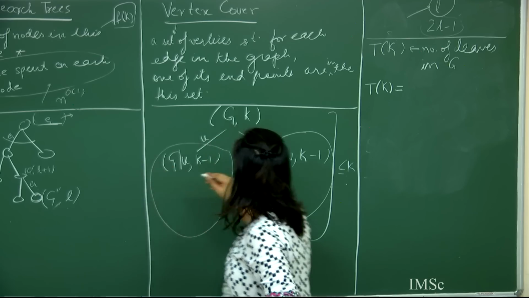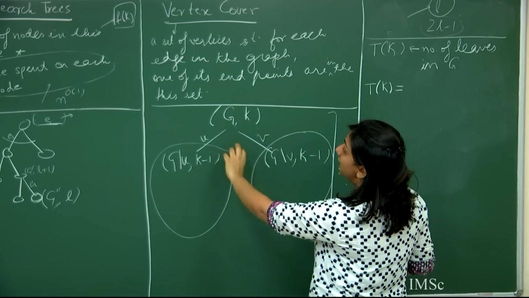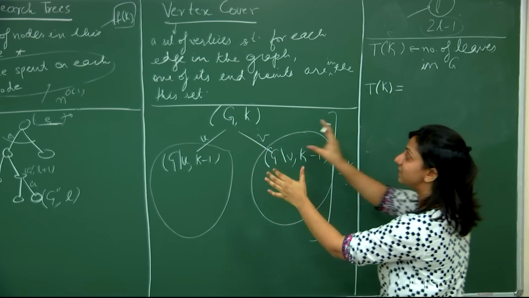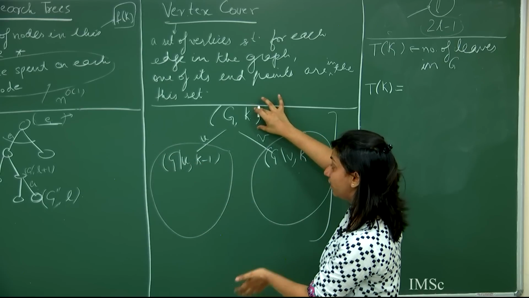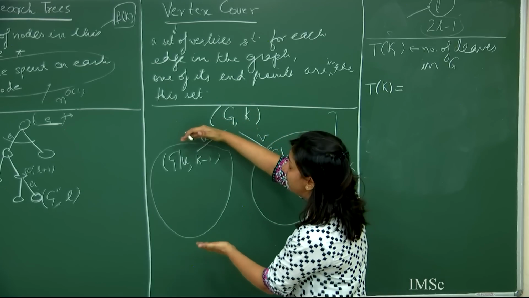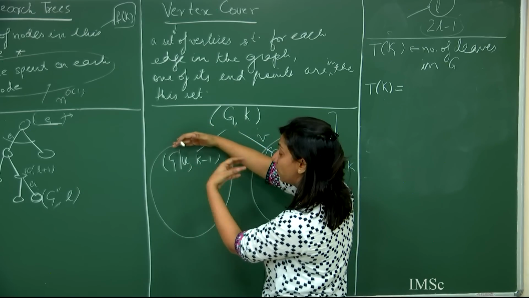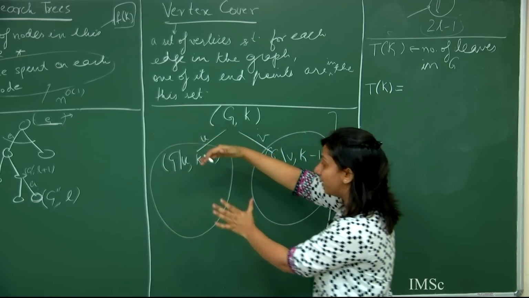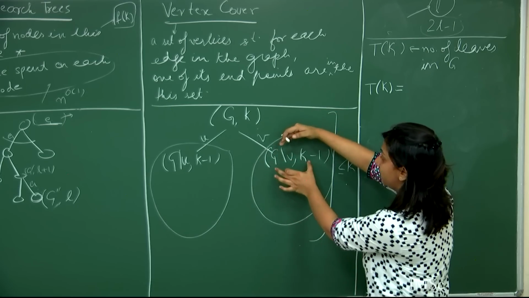If the number of leaves in this branching tree rooted at this node is Tk, then Tk is equal to the number of leaves in the subtree rooted at this node, plus the number of leaves in the subtree rooted at this node.